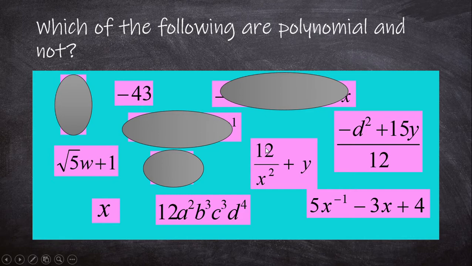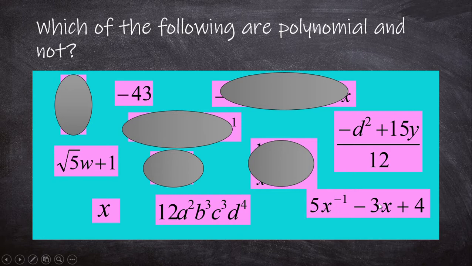12 over x squared plus y is obviously not a polynomial because it has x in the denominator. So we will cover that. And this one is a polynomial because it has no variable in the denominator.